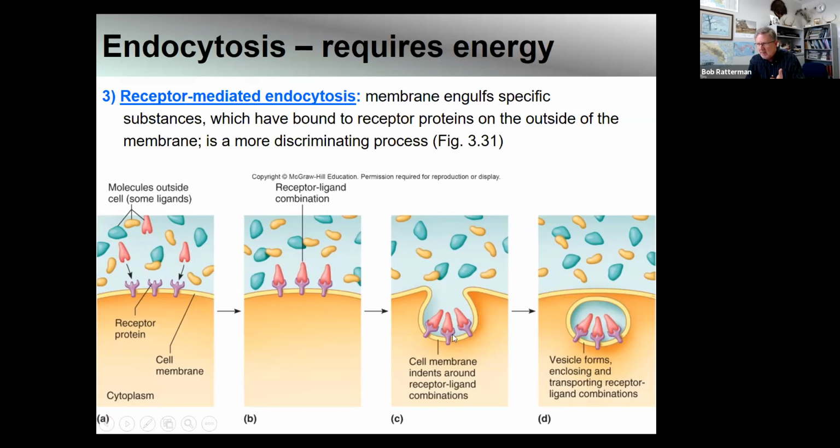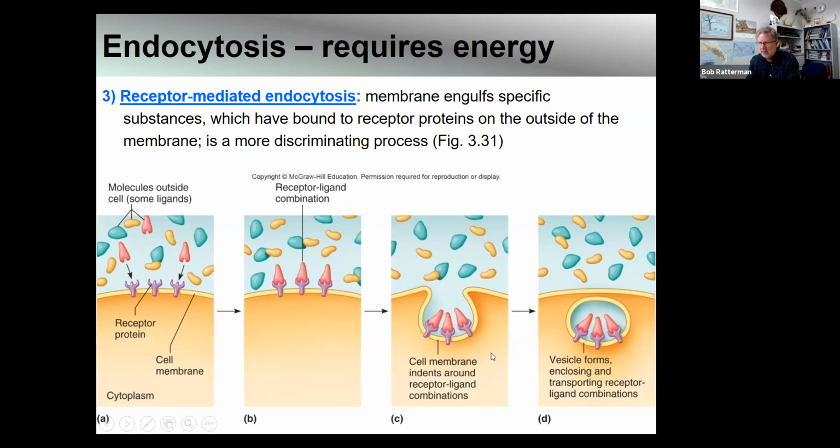Then what happens to the cell membrane? Well, same old, vesicle forms, right? Cell membrane invaginates. Here's our vesicle, only here the vesicle is carrying a special predetermined cargo as dictated by the shape of the receptors.